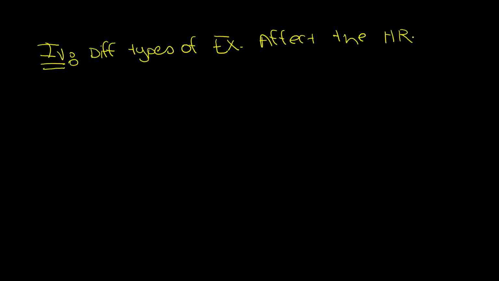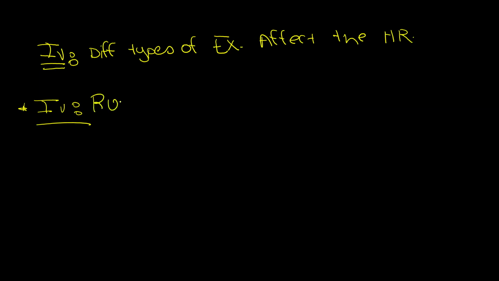The moment we read an investigation, we have to identify the independent variable and the dependent variable. In this investigation, what is the independent variable? What will we change? Who will give me an answer? Exercise. Very good. The type of exercise.